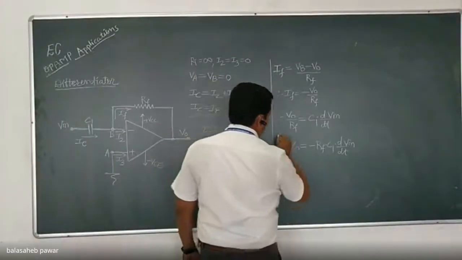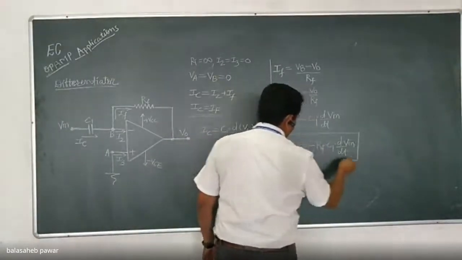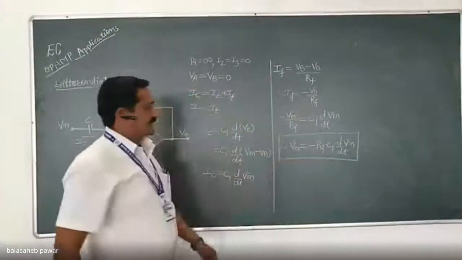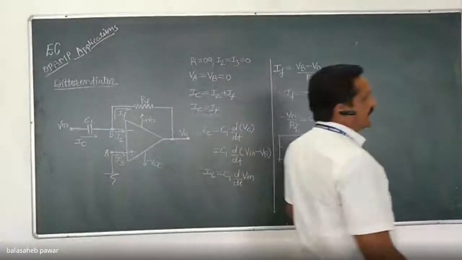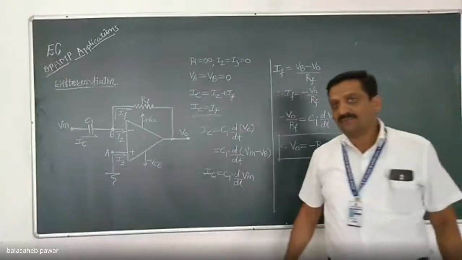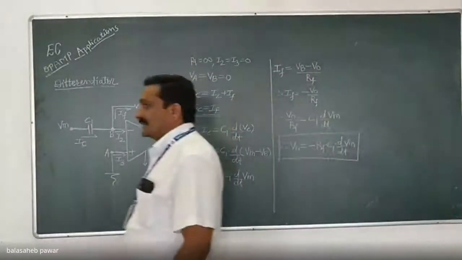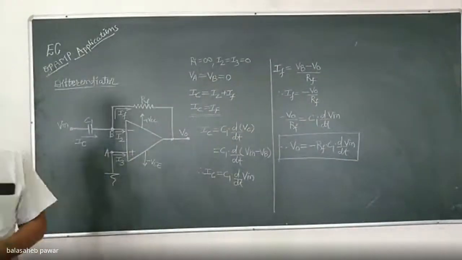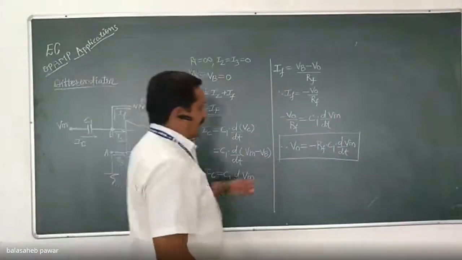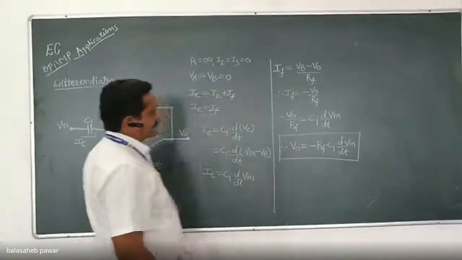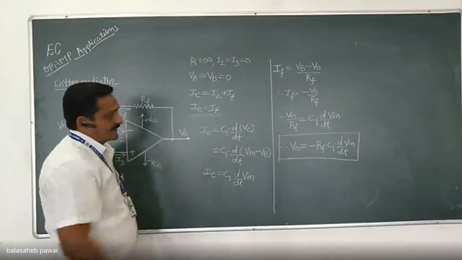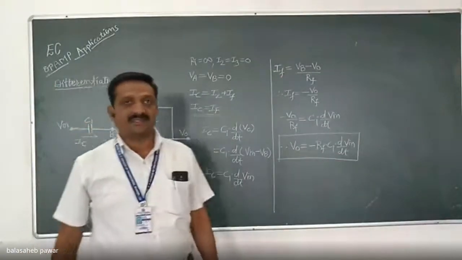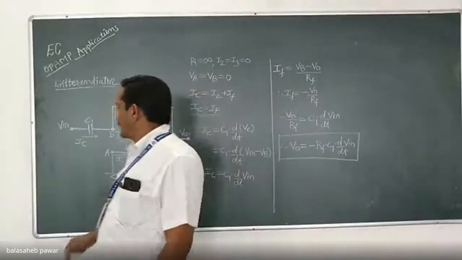So simple derivation. By this equation we can comment that the output voltage is the derivative of the input signal, RF into C1 times. So this is nothing but the output voltage equation for the ideal differentiator.